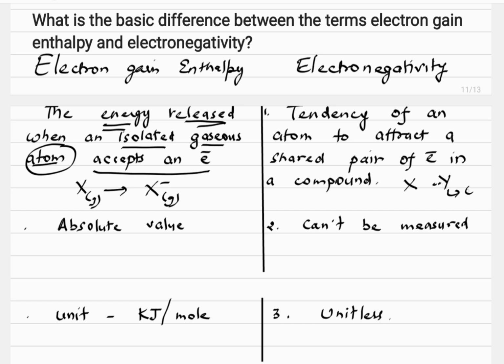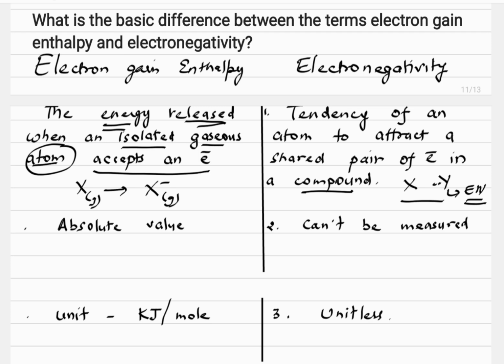So that means Y is more electronegative. Okay, so here first of all we are not talking about an isolated atom, we are talking about a compound. Then the complete transfer of electron doesn't take place. Electrons are merely shifted to a more electronegative element. Okay, and it's a pair of electrons that gets shifted.